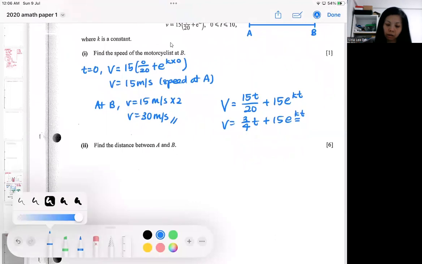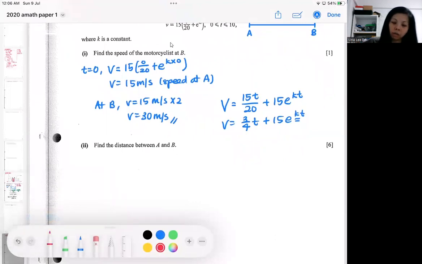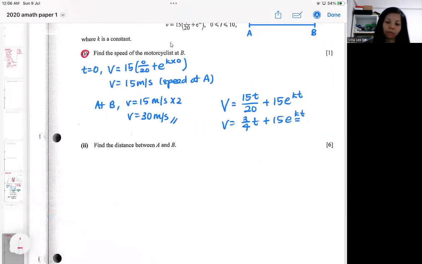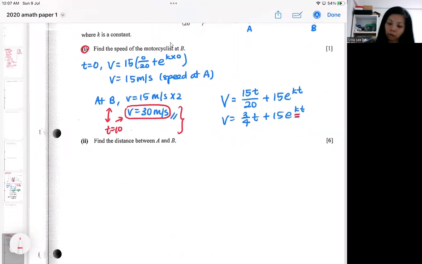And apparently, is there a reason why they ask you to do part 1? This speed happened at t equal to 10, because at point B, 10 seconds already passed. So I'm going to use part 1 to help me find k first.